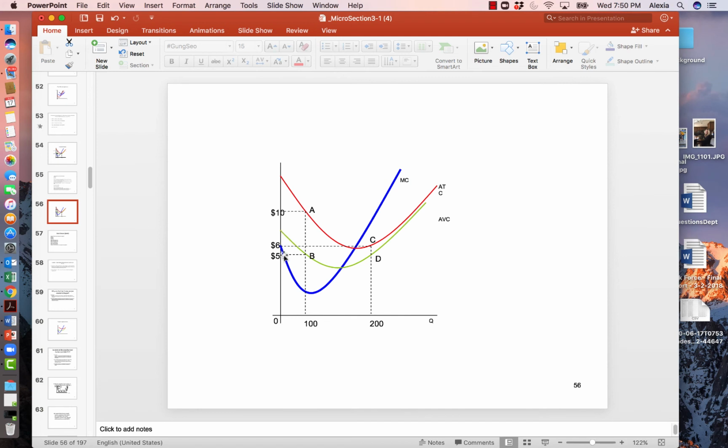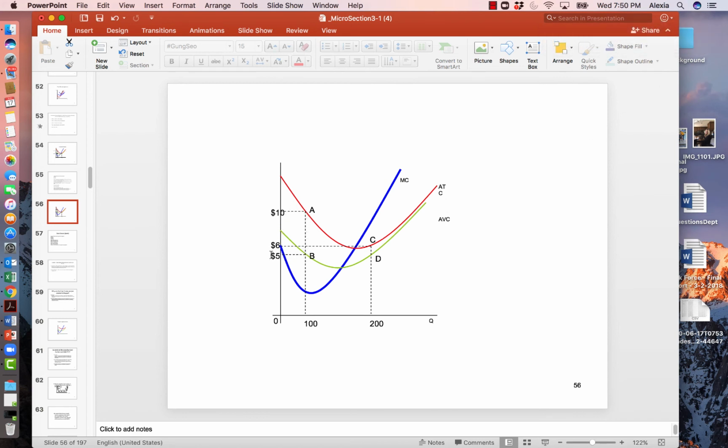For the variable costs at 100, you come on up over, so on average, each of these 100 units costs $5 in variable costs. So 5 times 100 is 500 in variable, so the area would be this box here. And then for the fixed cost, remember the difference between these curves is average fixed, which is also 5.